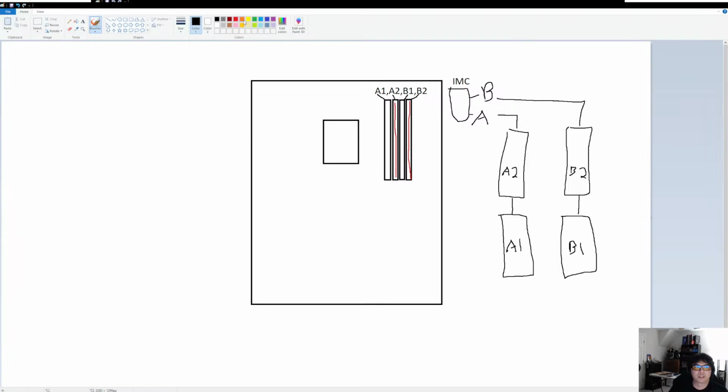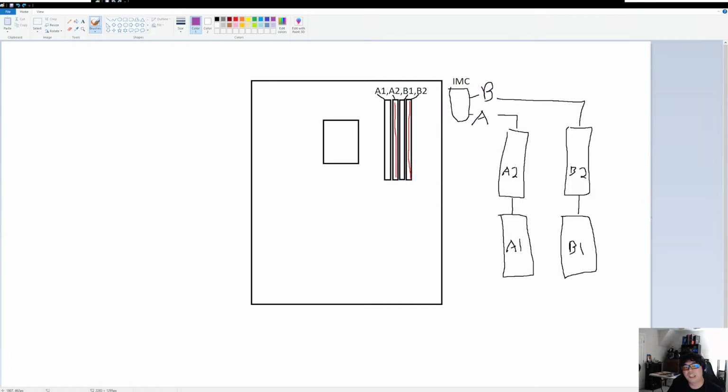So when the voltage, the signal, is coming through here, it's going to hit A2 first before it goes to A1. Meaning the amount of electric signaling that has to go through here to get to A1 is a lot more than what is needed to go to A2.